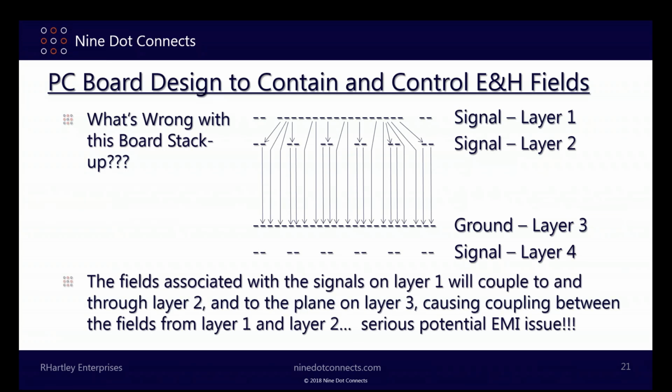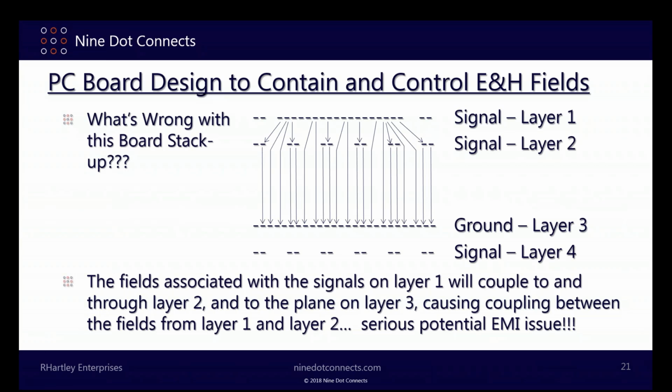Well, when you try to move energy through them, the fields from layer 1 are going to couple to layer 3. The fields from layer 2 are going to couple to layer 3. And in that dielectric space between layer 2 and layer 3, those fields are going to intermingle and couple to one another. We're only going to create millivolts of interference here doing this because these are routed in orthogonal directions.